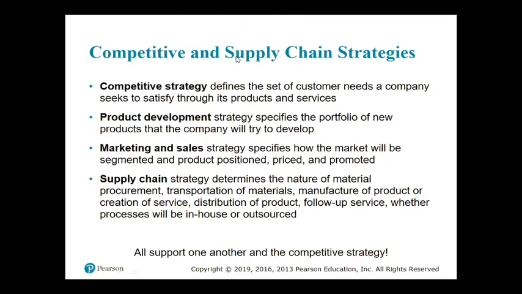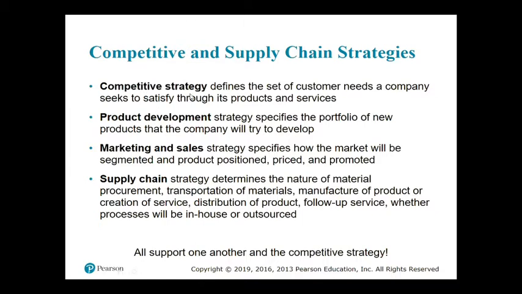And this is basically where and how this company is going to deliver value to customers. In order to execute the company's competitive strategy, all functions of the supply chain also need to play a role, and each of these functions must develop their own strategy accordingly.